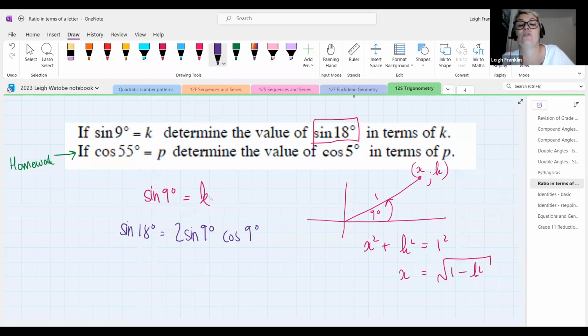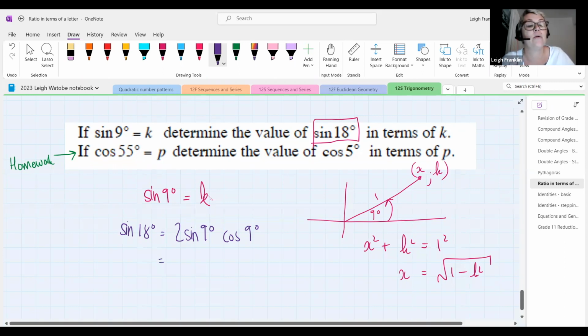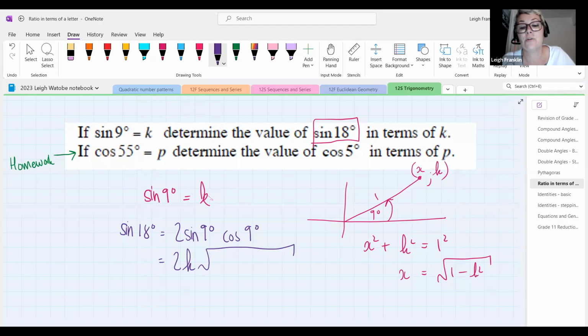You know what your x coordinate is, what your y coordinate is, and what r is. So now you can use that information and sub in here. So this would be equal to 2k root 1 minus k squared.